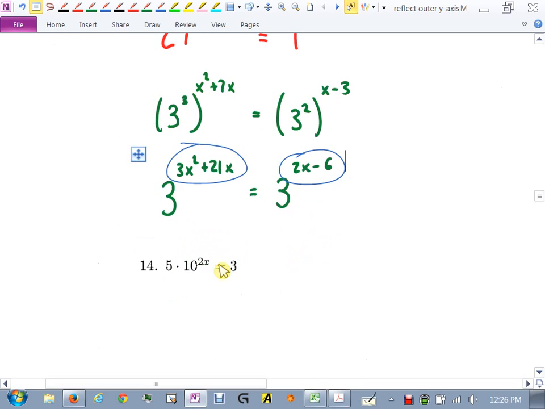Do you get two solutions? Possibly. You could have one, you could have none. It just depends. You could have a repeated root, like a repeated solution.